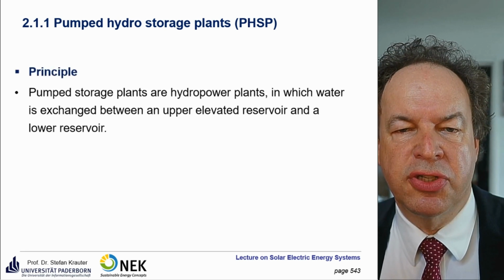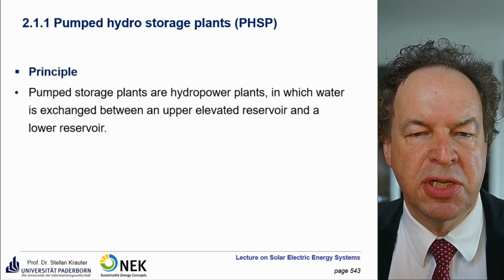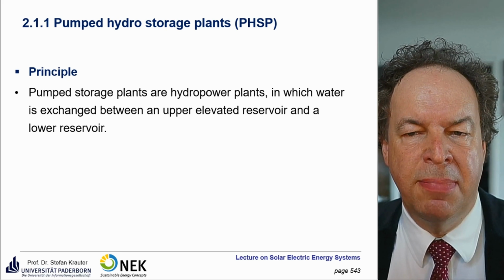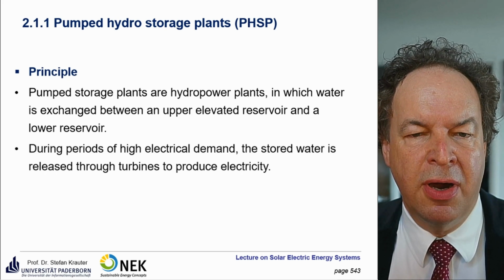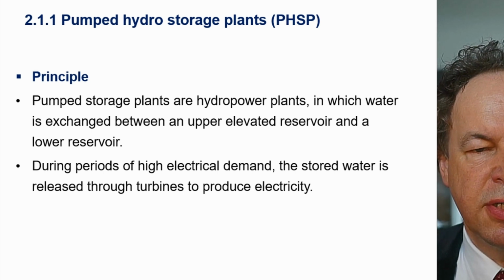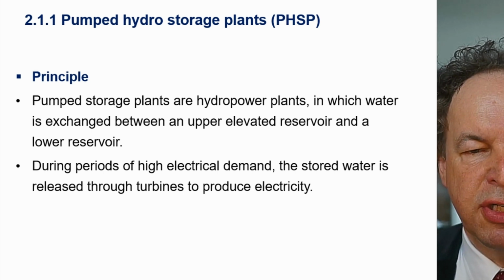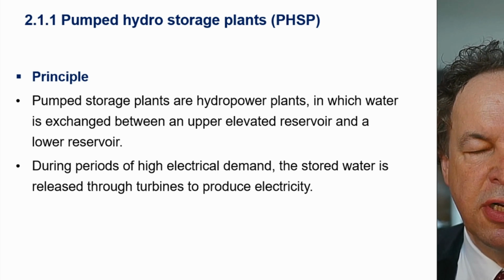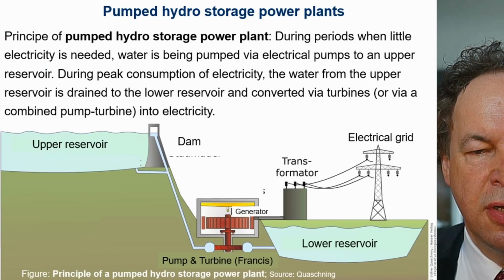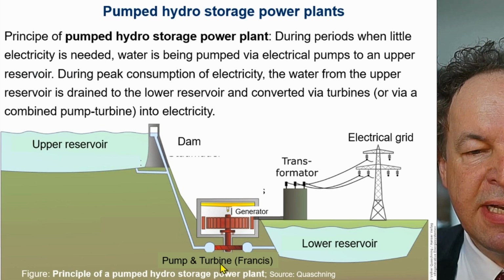The pumped hydro storage plant, as I mentioned before, you actually pump the water up to the upper reservoir, and during periods of high electricity demand, the stored water is released, as in the conventional storage hydropower plants, and they produce electricity. So you have a lower reservoir and an upper reservoir, and here you have a combined pump and turbine.